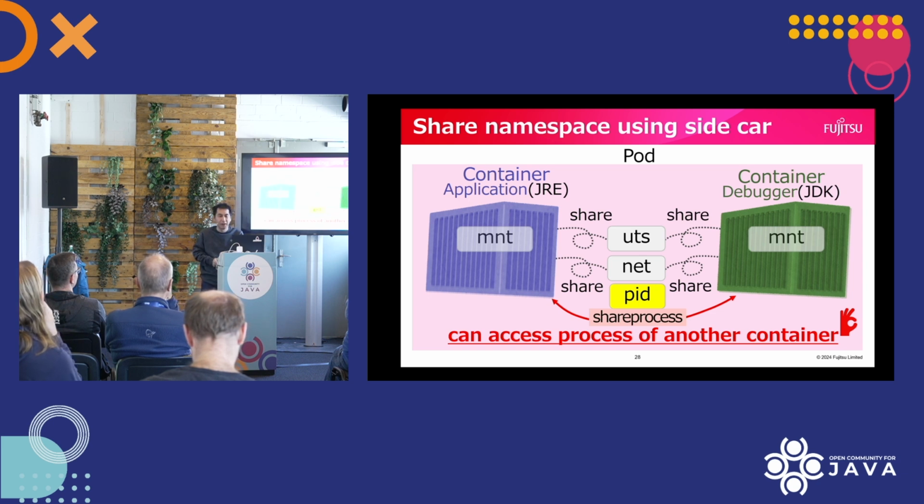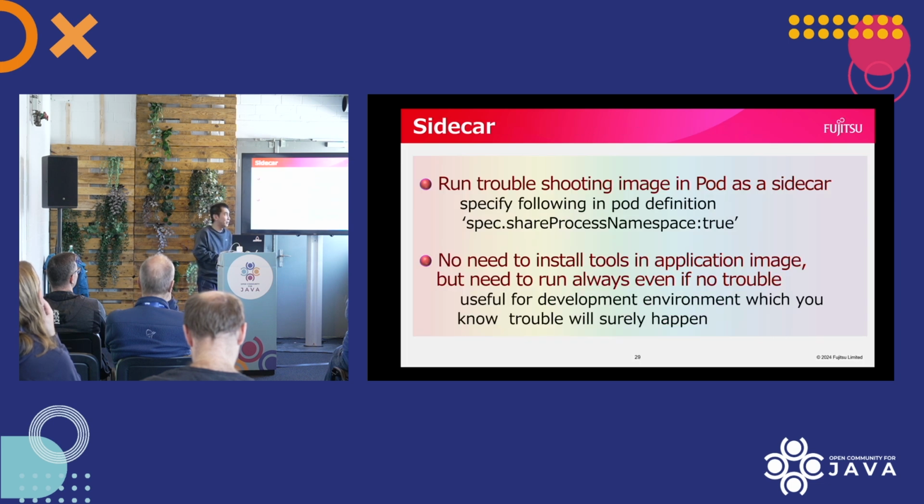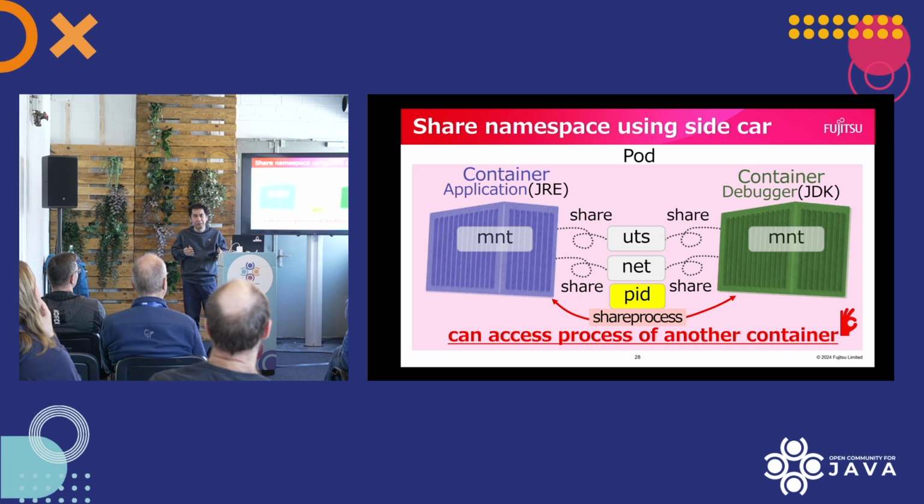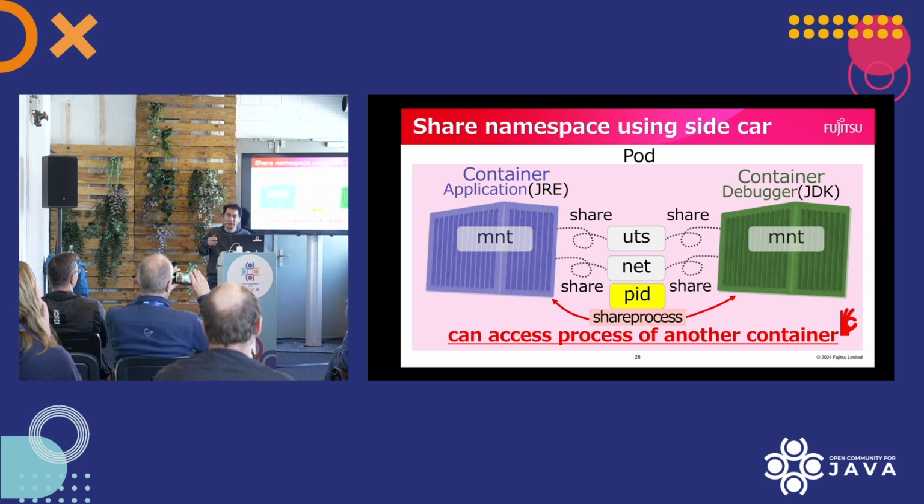But the difference is this flag, spec.shareProcessNamespace set to true in the pod definition. By setting this flag, you can create a pod in which the containers share the PID namespace.